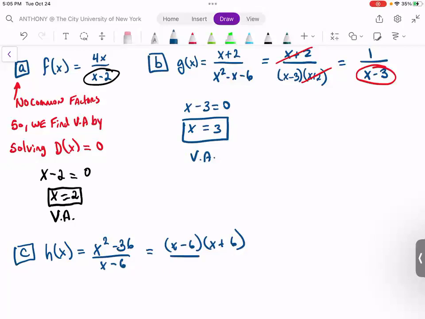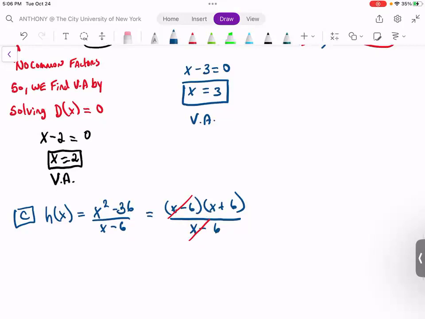And then you divide by x minus 6. Now look at this function in this factor form. Do you have anything in common? X minus 6. Yeah, you can remove the x minus 6. If I remove x minus 6, then our function h, when it's simplified, is simply going to be x plus 6.